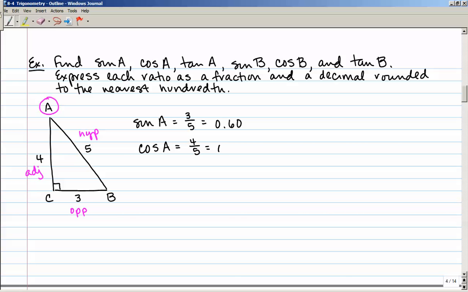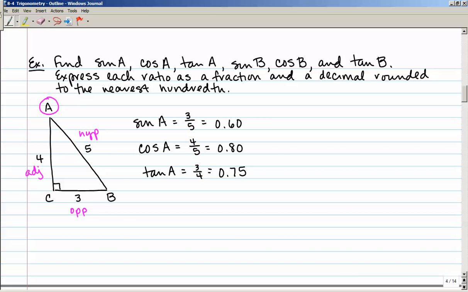And again, I don't need to round that one either because that's 8/10. And the tangent of angle A is opposite over adjacent, or 3 over 4, which is 0.75.